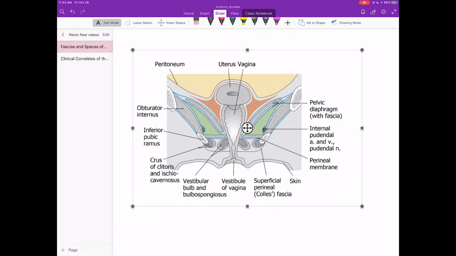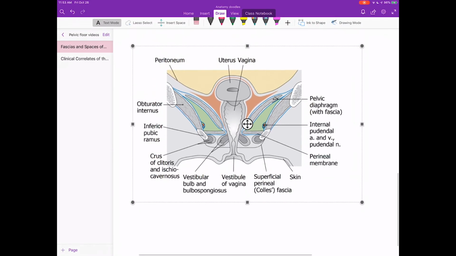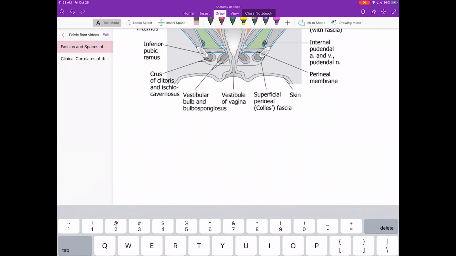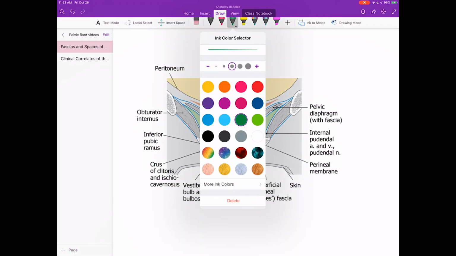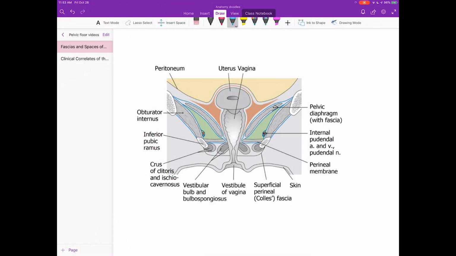All right, we have organs that sit in the true pelvis. In this case, we're looking at the uterus, we're looking at the vagina. They are covered by a peritoneum right here.